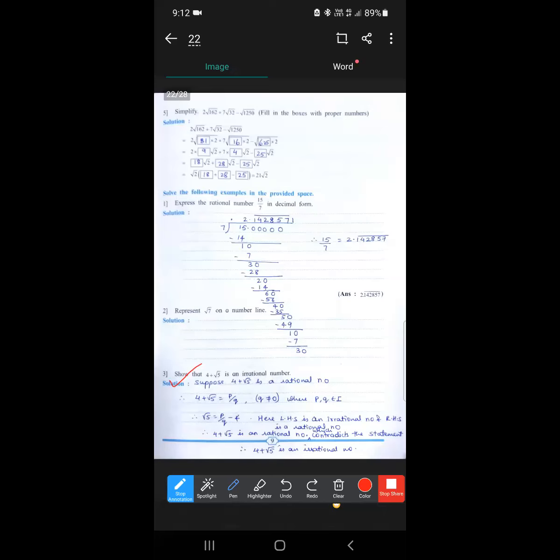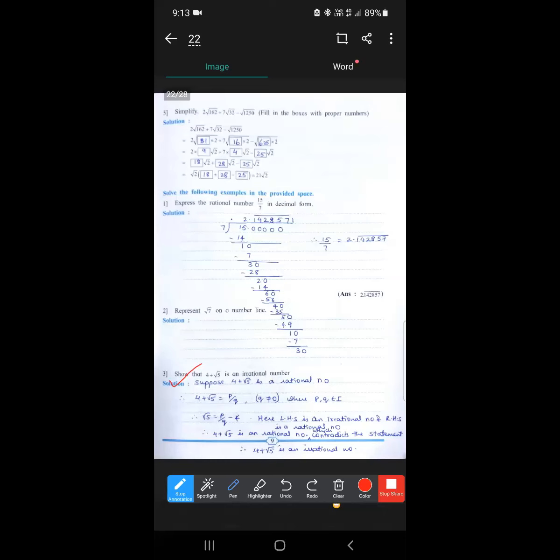Okay, so let us start. First statement: suppose 4 plus root 5 is a rational number. That means we will assume that it is a rational number. So if it is a rational number, students, just now I told you the definition of a rational number. They are of the form p upon q, where p and q belong to real numbers and q is not equal to 0.